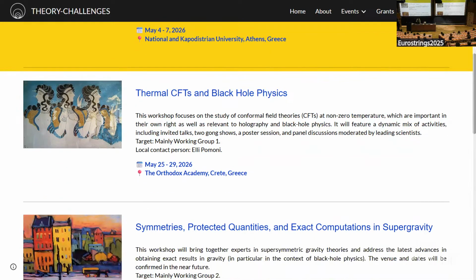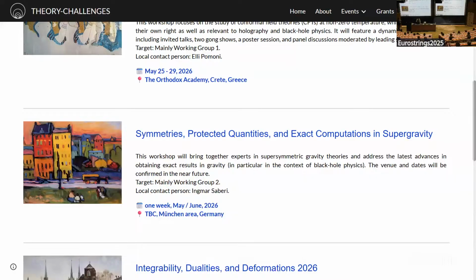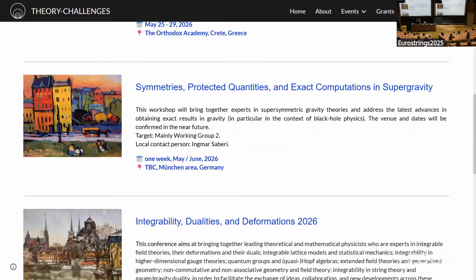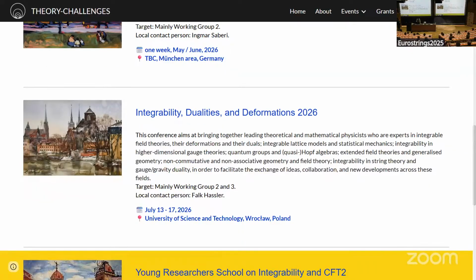After that, in Munich, on a date that will be fixed soon, there is going to be another workshop, this time more focused on supergravity. And then there is going to be a conference in Wrocław, in Poland, in July. For each of these events, you can contact either the working group leaders of the working groups indicated there or the local organizers if you want more information.